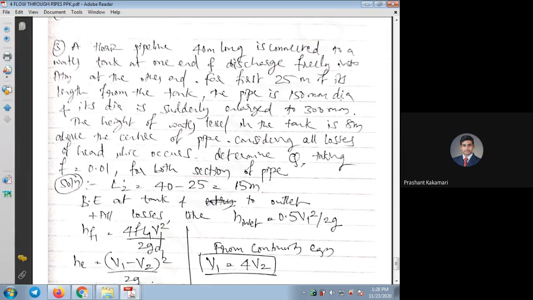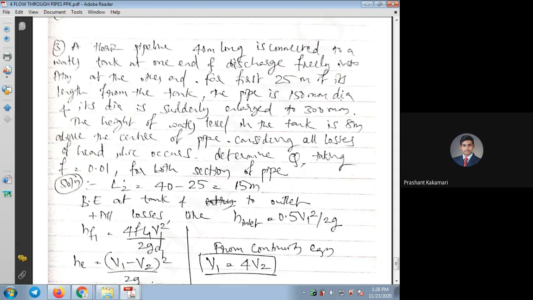After exactly 25 meters, the pipe is suddenly enlarged to 300 mm diameter. So it is a sudden expansion condition in the pipe. From the tank to the pipe, it is a sudden contraction. So there are two conditions. And at the exit, the water is directly open to the atmosphere.